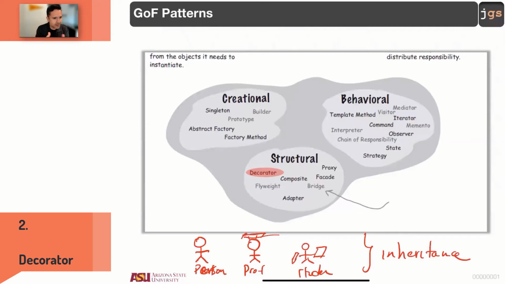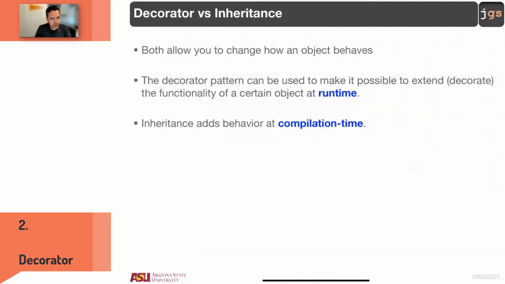Going back here, inheritance. This is the classical example of inheritance. This is the classical example in which you'd say, okay, person is going to be one class, and then professor is going to inherit from person, and the student is going to inherit from person, and I am going to have this parent with two children. A replacement of inheritance is the decorator pattern.